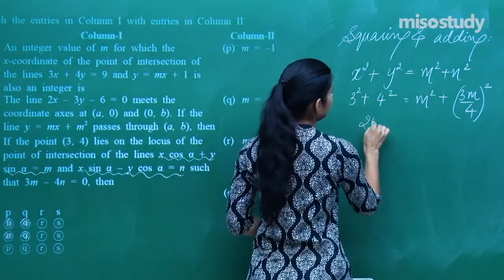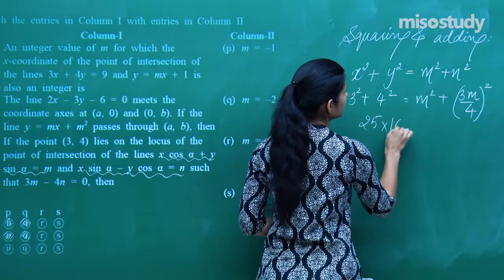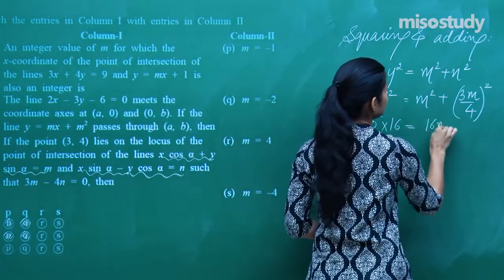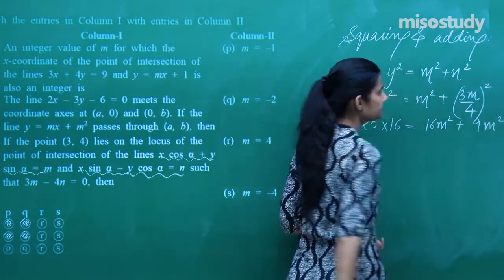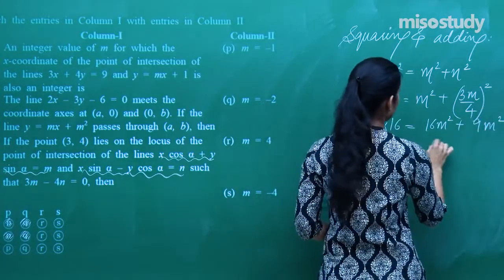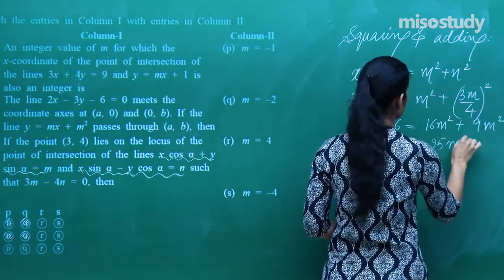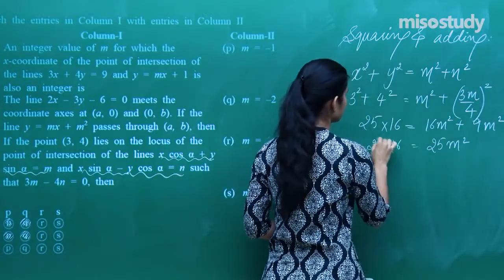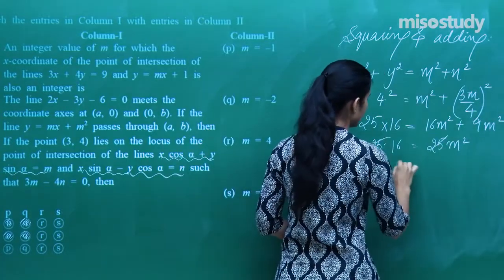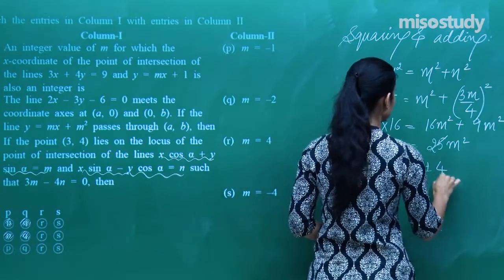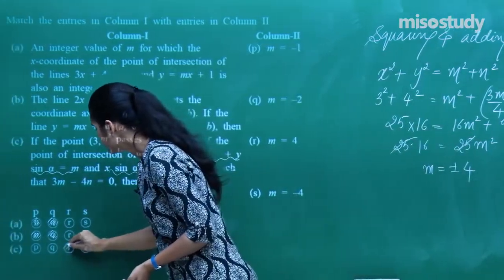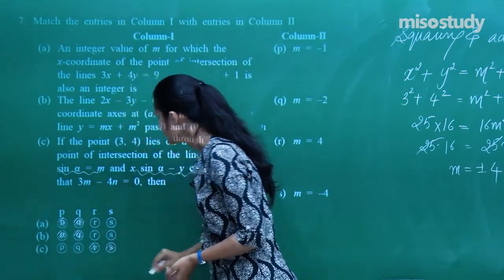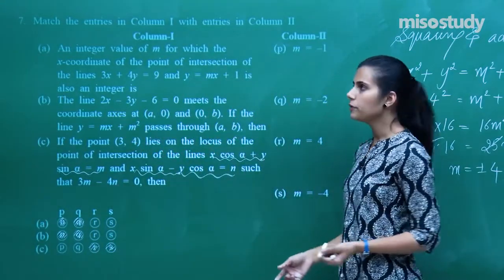So I get 25 into 16 equals 16m square plus 9m square, which gives me 25m square. This is 16 and this is 25. I get m equals plus or minus 4, R and S. Clear? That's how we deal with this.